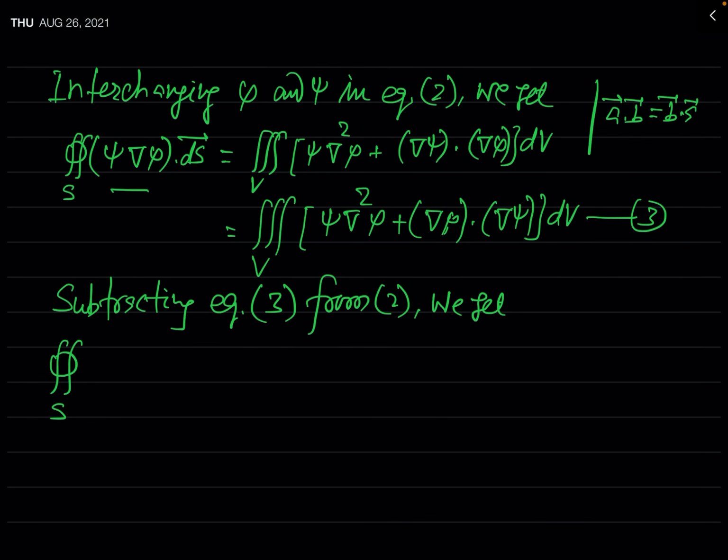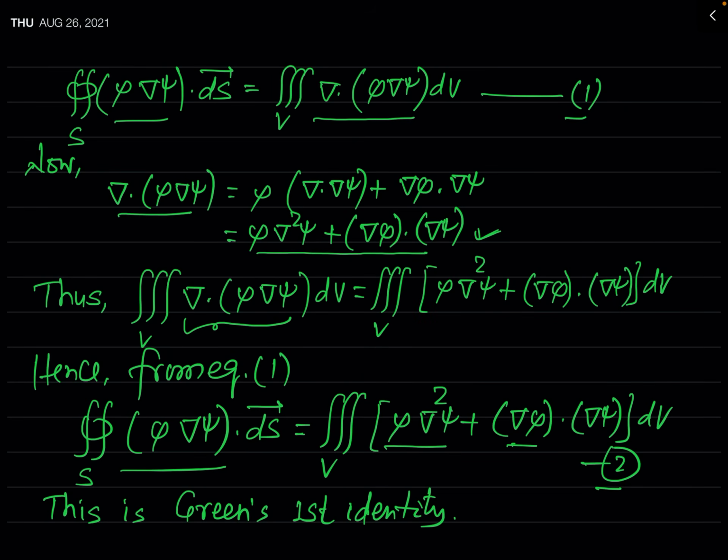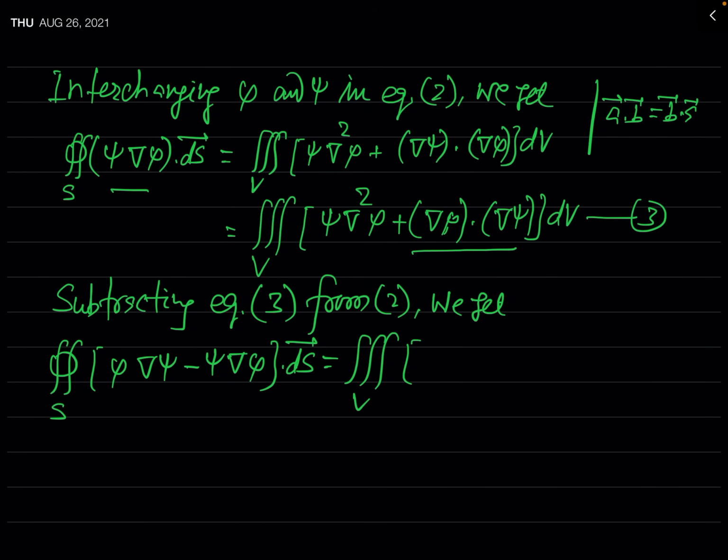integral over S of phi del psi minus psi del phi dot dS, and that will be equal to the volume integral over the volume V. Now you can see this term del phi dot del psi in equation 3 and del phi dot del psi in equation 2 will cancel out, and so your result will be what?